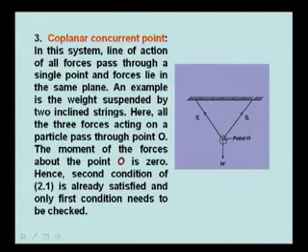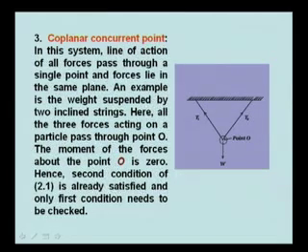We can construct a vertical plane which passes through the strings T1 and T2, and the weight W is acting here and this is point O. The weight is suspended by two inclined strings, and all the forces pass through point O, therefore they are concurrent.